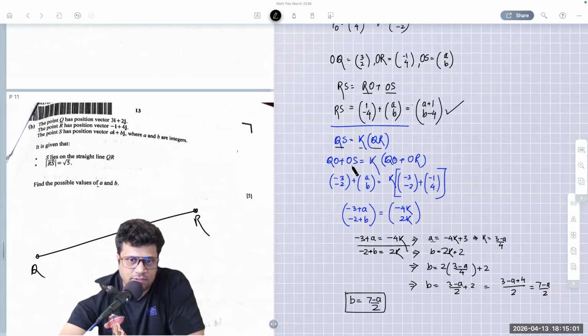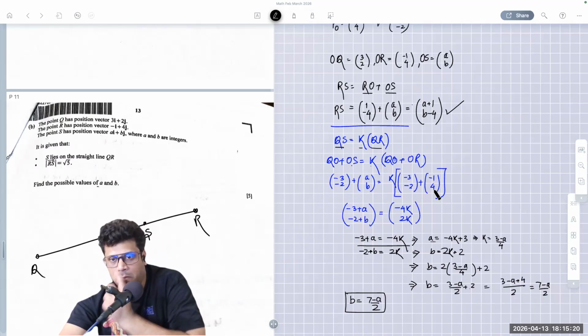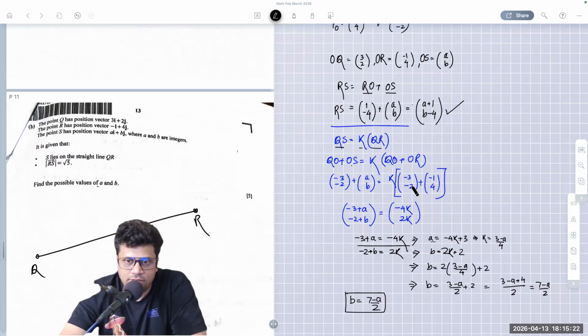So QO plus OS is K times (QO plus OR). QO is (-3, -2). OS is (A, B). K times (-3 plus OR). OR is (-1, 4). Okay, so -4 plus 2K, and -2.